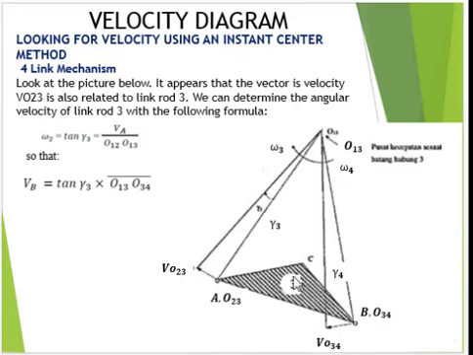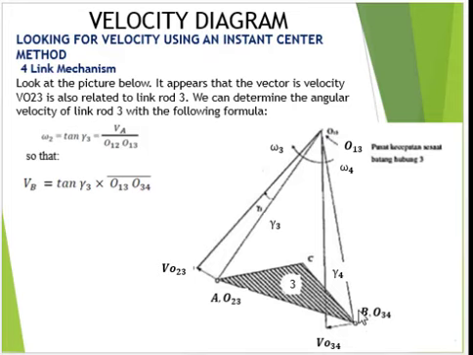After that, we can determine the velocity at point B, or O34, associated with links 3 and 4, so that we can conclude the velocity at this position, the B position: VB equals tangent gamma 3 multiplied by the radius O13 O34.